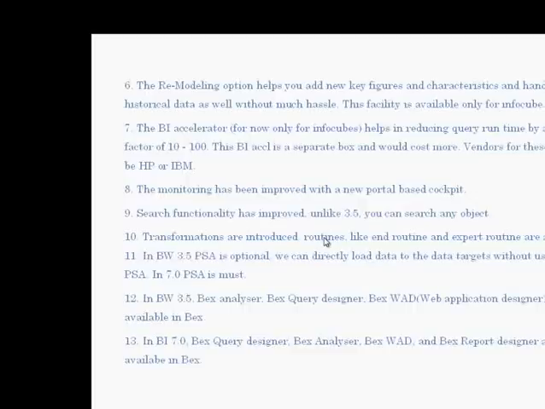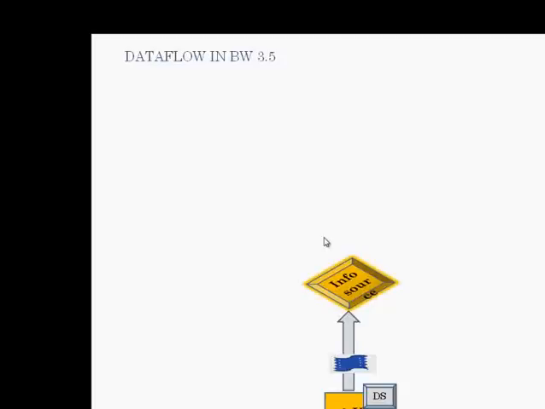And now we can see the data flow of 3.5. We have a 3.5 data source, and we have to create an InfoSource on top of the 3.5 data source, and the connection between data source and InfoSource would be the transfer rules. For example, you don't have transfer rules in 7.0, and InfoSource is not mandatory in 7.0.